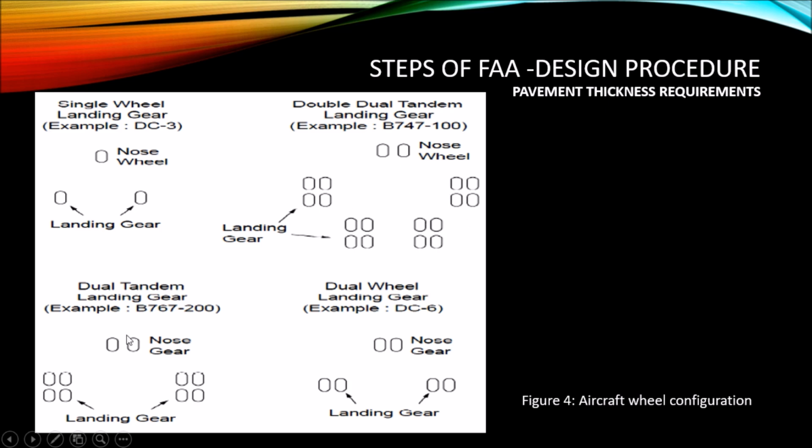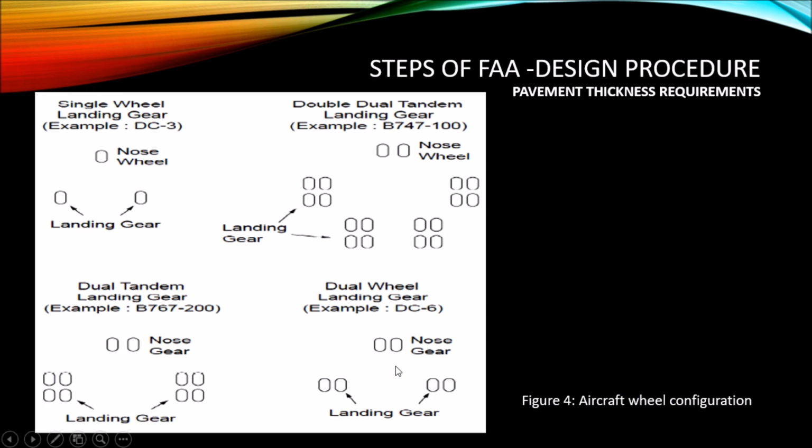This other one, dual tandem, has two wheels on the nose gear and 8 on the landing gear. This other one, which is dual wheel landing gear, for example this C6, has 2 for the nose and then 4 for the main gear or landing gear.